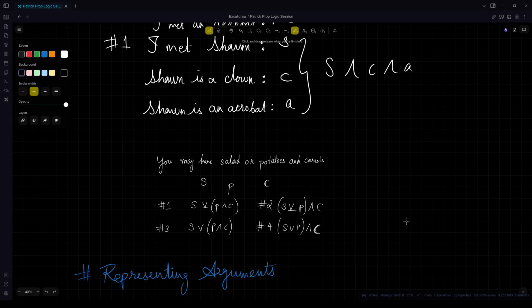But it also depends on the context. If you go to a wedding, nobody's going to stop you from eating both salads, potatoes, and carrots. So it really depends on the context, on what the person means, when we are trying to figure this out.